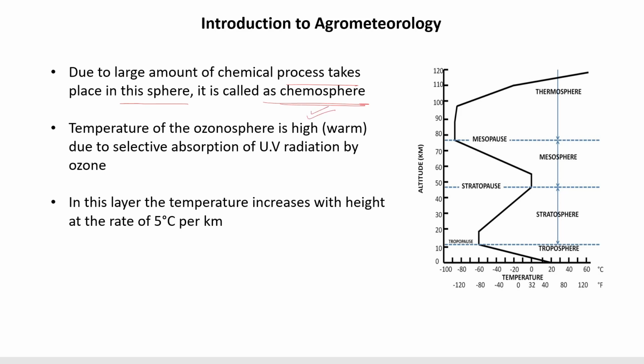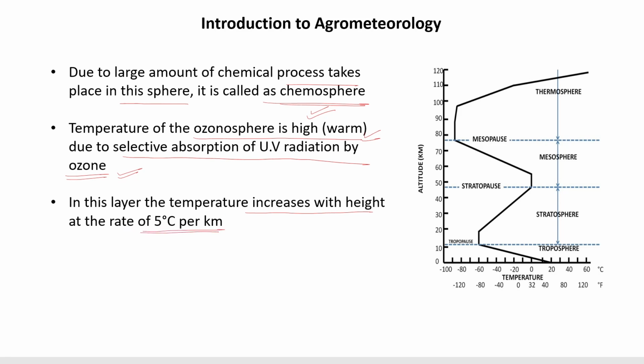The temperature of the ozonosphere is high and warm due to the selective absorption of UV radiation by the ozone layer. In this layer, the temperature increases with height at the rate of 5 degrees centigrade per kilometer.